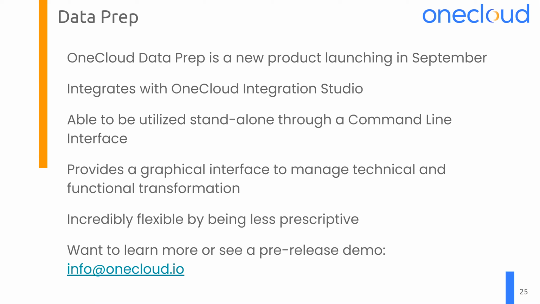Well, when Brian and the team went back, they said people don't really know exactly what those terms always mean, but data prep is a word in integration and ETL that people should understand and should really make sense to folks. So OneCloud Data Prep is what we formerly called Mapping Integration Studio. We're launching this in September. I've been working with it over the last couple of months. It's really fantastic. And I'm not saying that just as a OneCloud person.